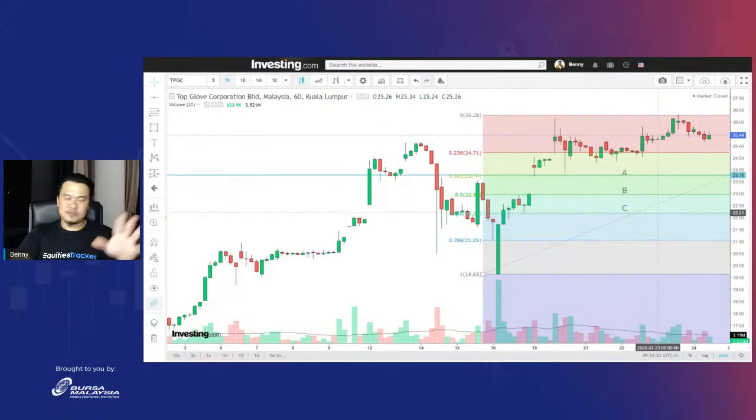It's probably going to go into a bigger correction. So normally for traders, we will put a stop loss below C. For example, 22.20 is the C, and the moment the price comes down to 20 ringgit, then I will exit, because that shows that the market or trend has already weakened. All right, so that's one of the ways of using Fibonacci.